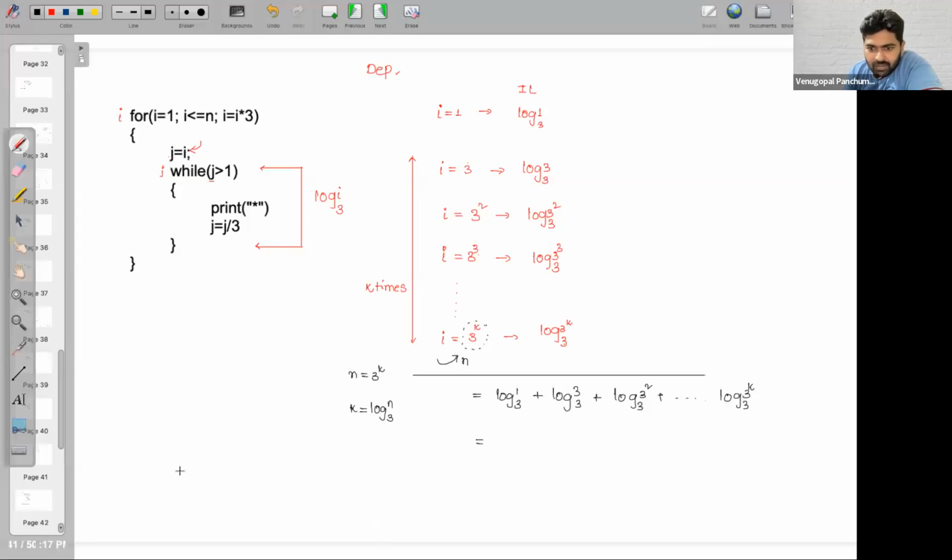Where is the GP? We are adding everything. Can I write it like this? See, this is 0, this is 1, this is 2. Maybe something like that. See, here I will write one more term.